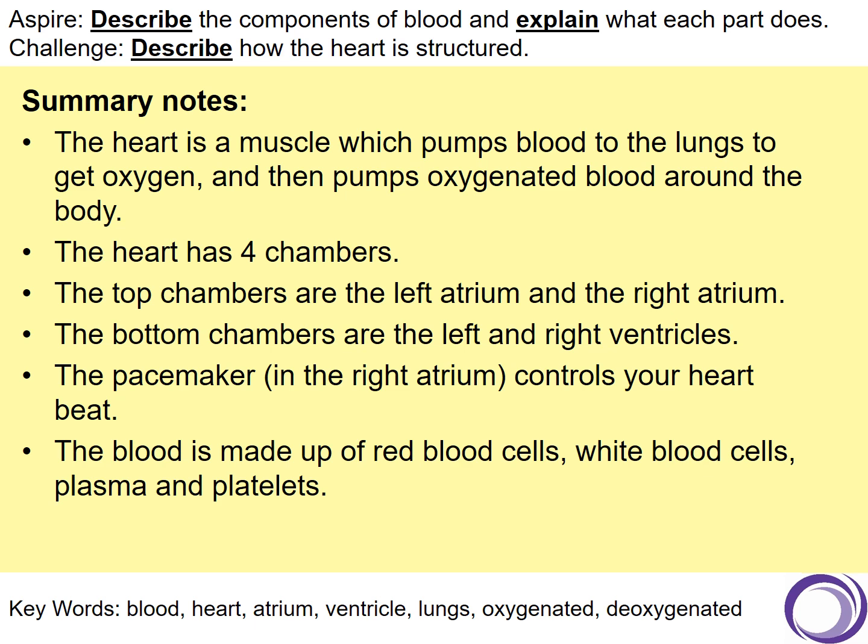The heart has 4 chambers. The top 2 chambers are the left and right atrium, and the bottom 2 chambers are the left and right ventricles. The pacemaker in your heart is situated in the right atrium that controls the heartbeat, and the blood is made up of 4 components, which are the red and white blood cells, plasma, and platelets.